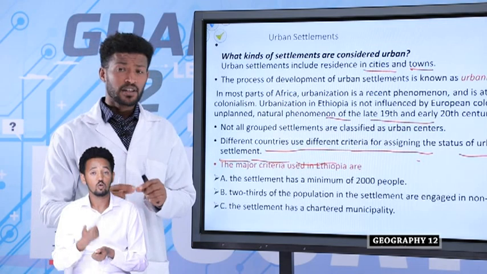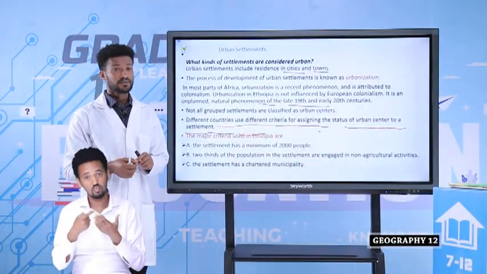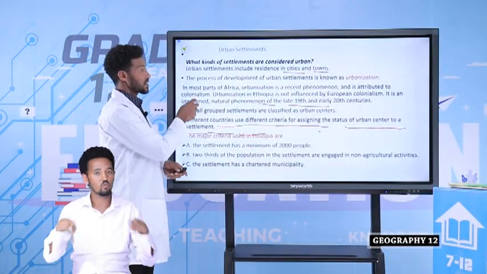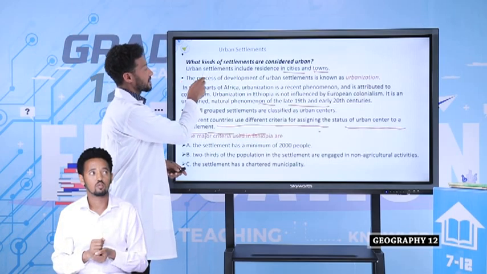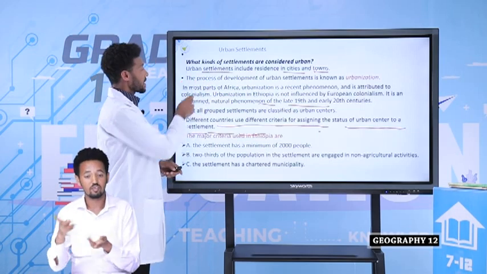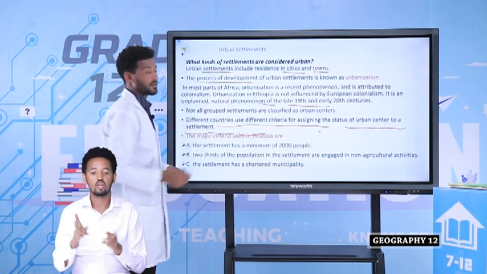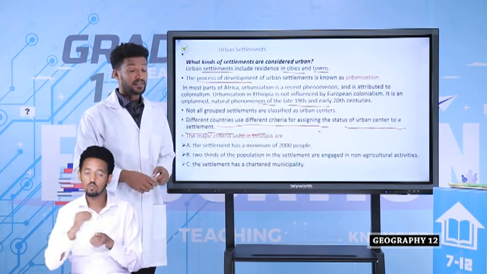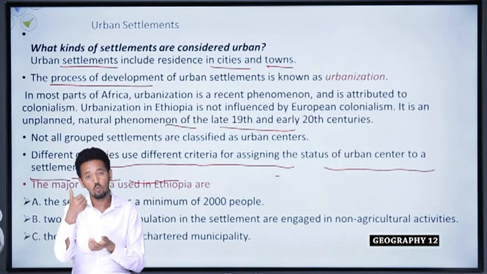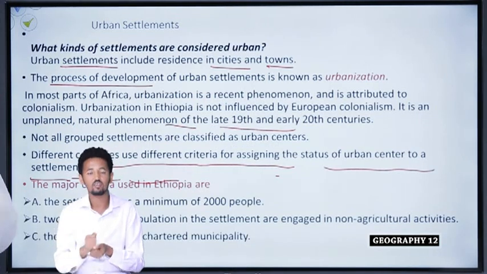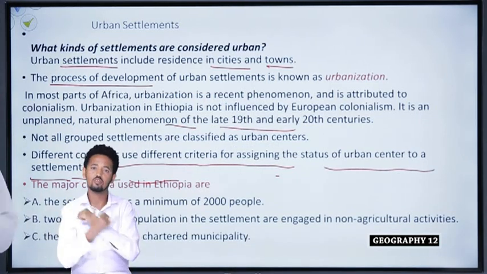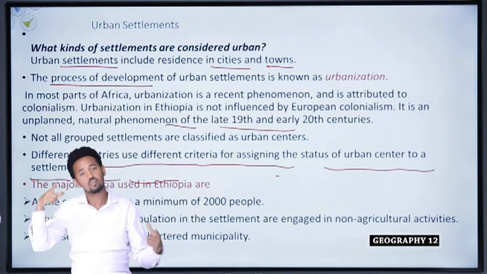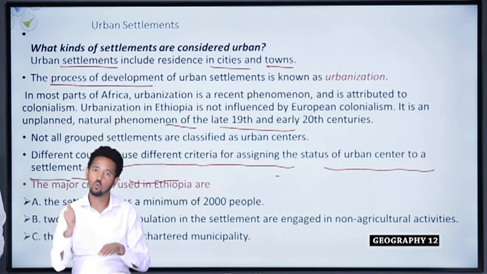We have to identify these two important terms. Urban is a settlement. Urbanization is a process. It is the process of development of urban settlements in the way that small cities and towns grow to large cities and large urban areas. We call it urbanization.